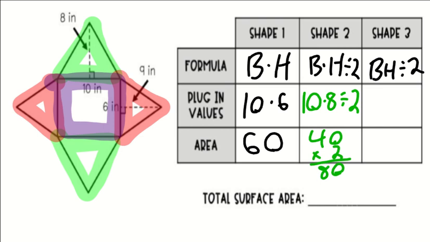All right, same idea for the red ones. What are the base and height for the red? 6 and 9. So we got 6 times 9 divided by 2, 27. Again, we got 2 of them, right? So times 2.